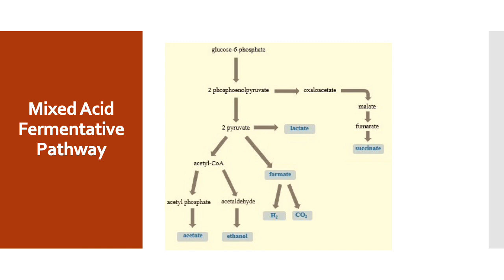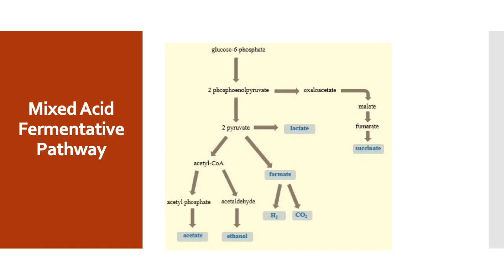So, lactate is produced by reduction of pyruvate using the enzyme lactate dehydrogenase. Acetate is produced when pyruvate is first converted to acetyl-CoA and formate in the presence of enzyme pyruvate formate lyase.